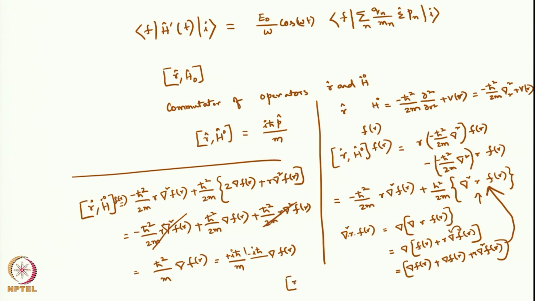But this is nothing but P of R. Okay. So, what you get is the commutator R, H naught is equal to i h bar by m P. Okay. Because now I want to use this P operator here.